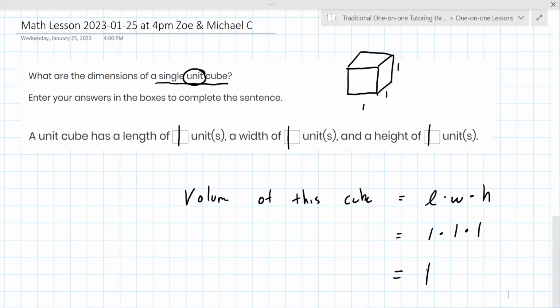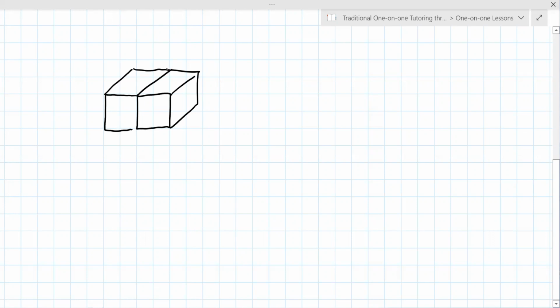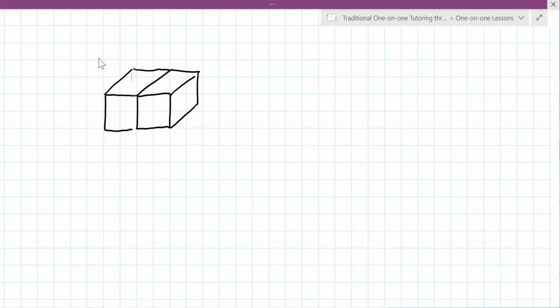So let's just say, for example, here's a unit cube. And then there's another one right here. What's the volume of this together? Okay, let me color code it here.